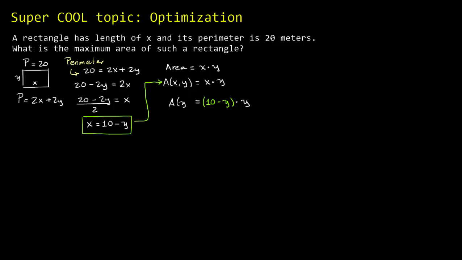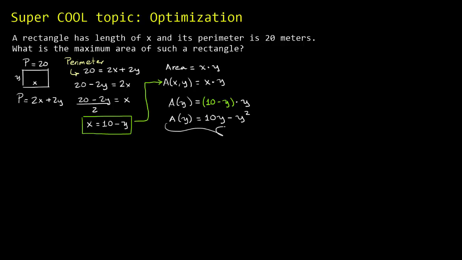In order to find the maximum possible area of this rectangle, it'd be wiser to multiply everything out to make it easier to take the derivative.